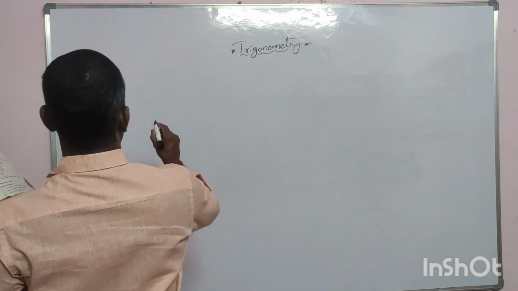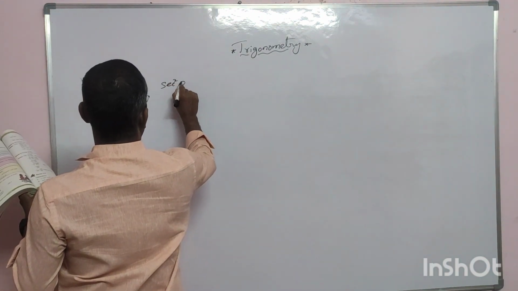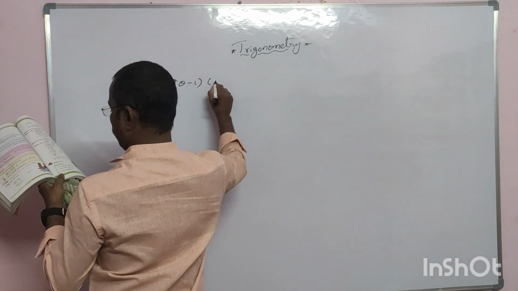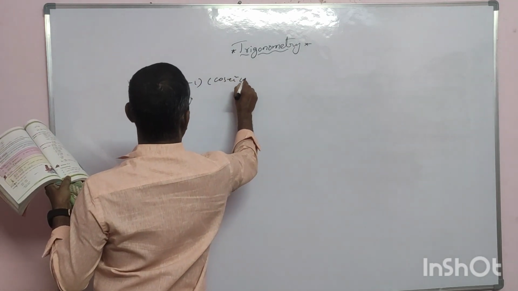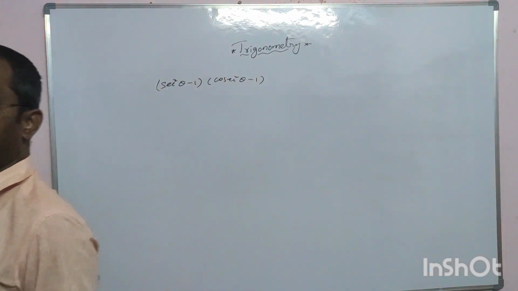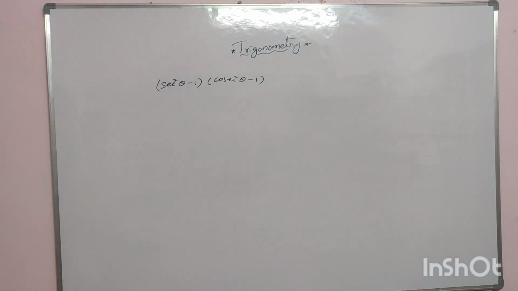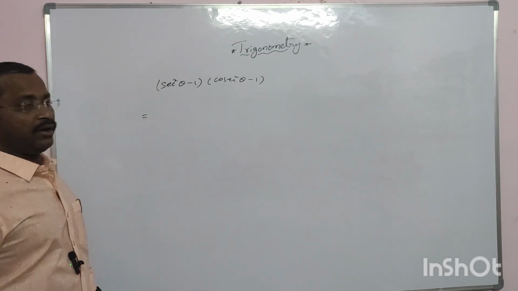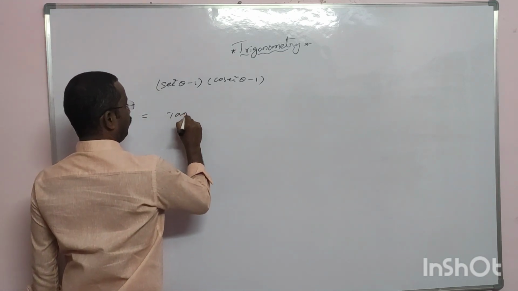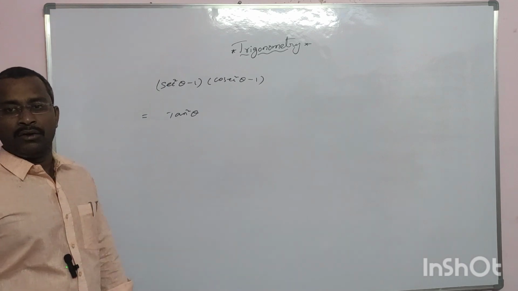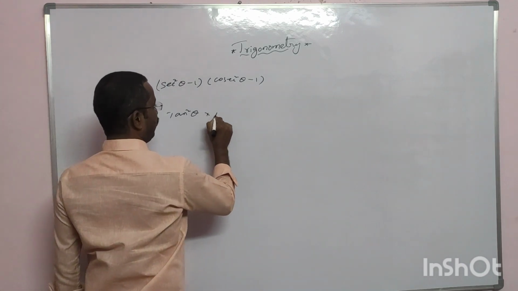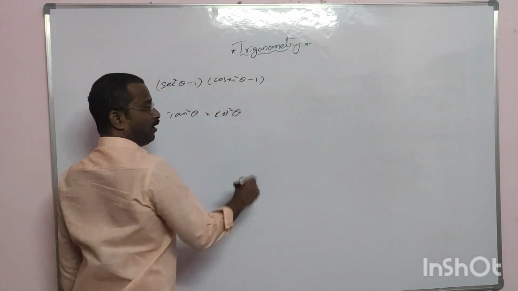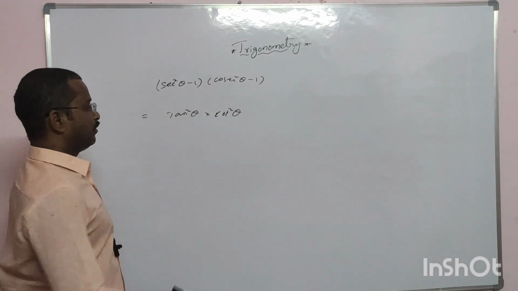Next one: sec square theta minus 1, into cosec square theta minus 1. Actually, here we will be using the auxiliary identities. Already I told you sec square theta minus 1 is equal to tan square theta. Cosec square theta minus 1 is equal to cot square theta according to the identities.